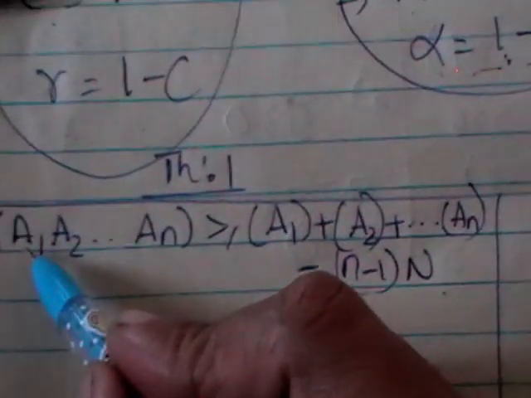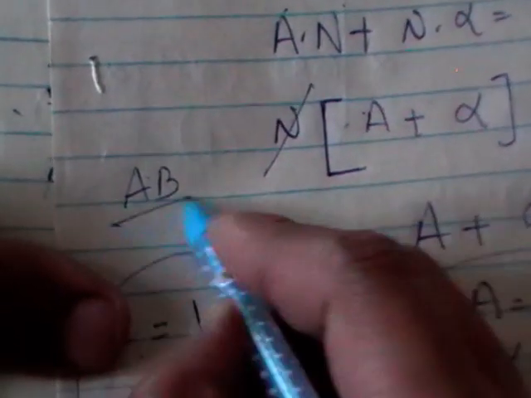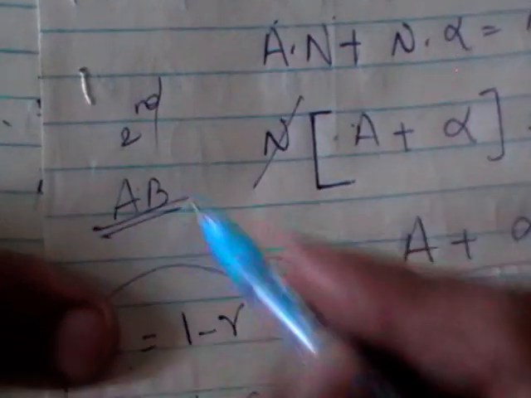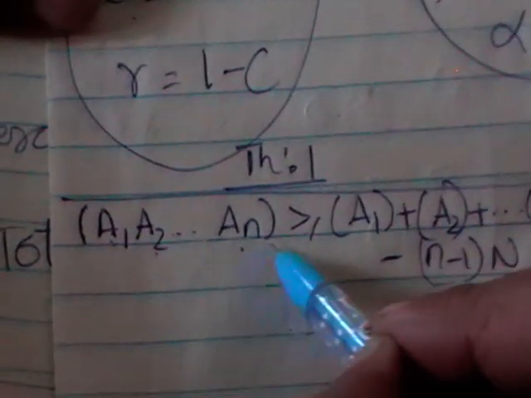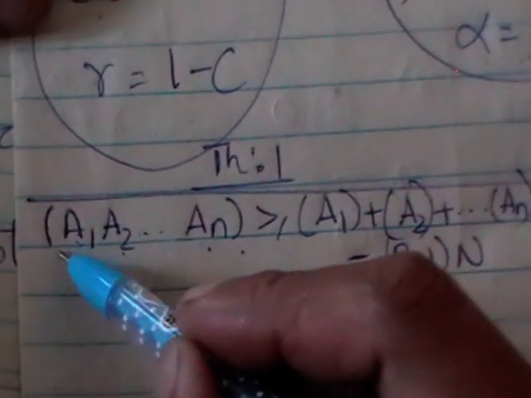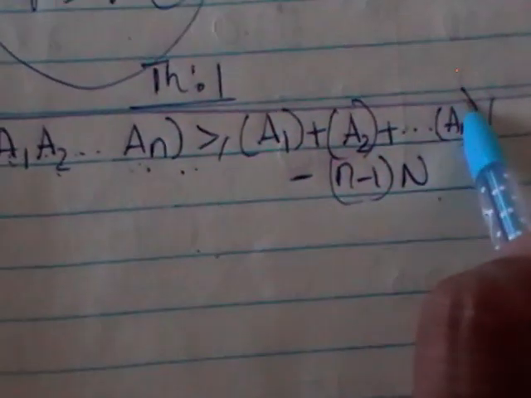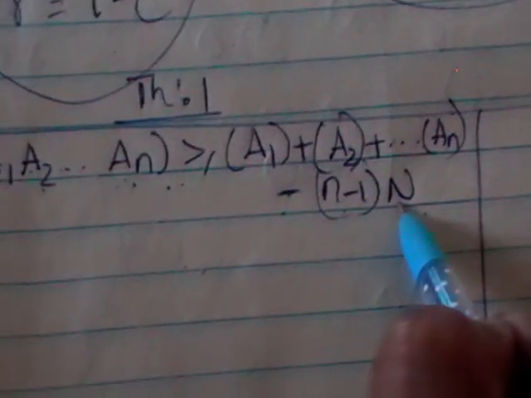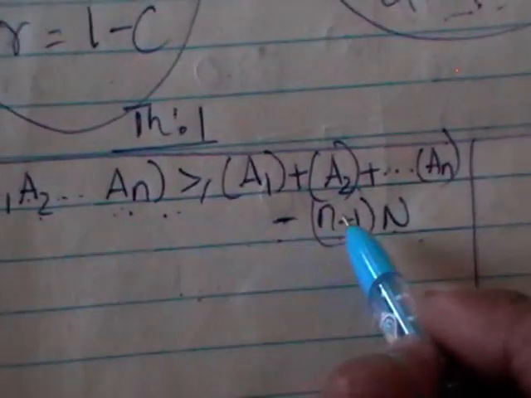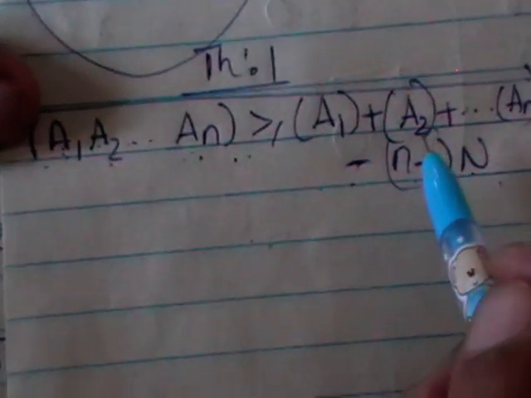Here you have A1, A2, An. If we have only A and B, we say this is the second order, as we have two attributes. A1, A2, An stands for the nth order class. We are going to prove LHS is greater than or equal to RHS.